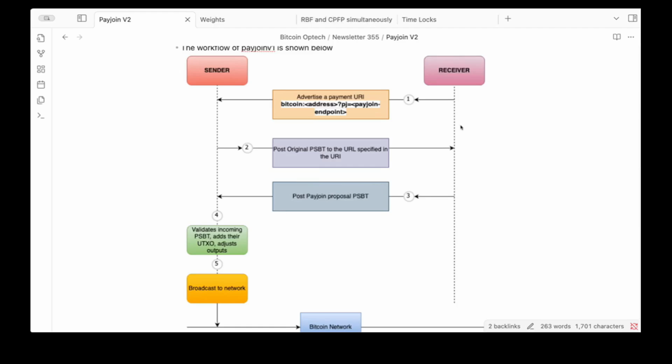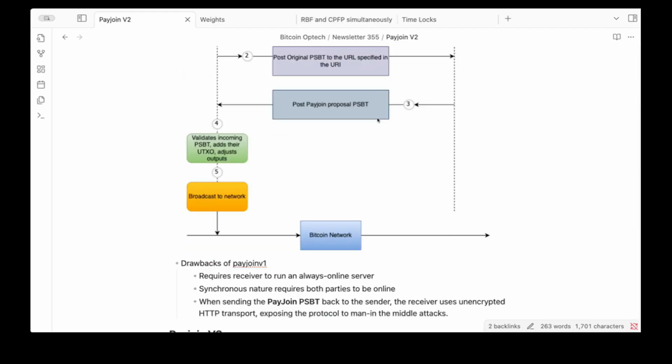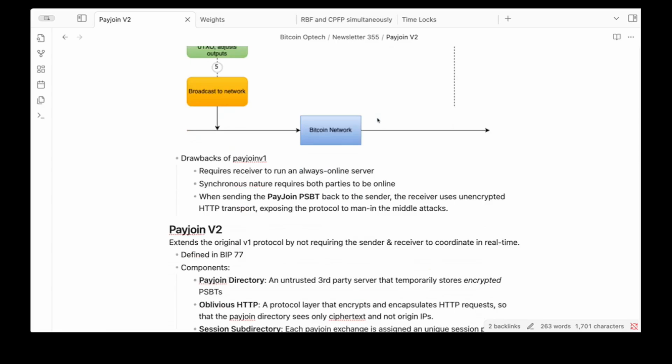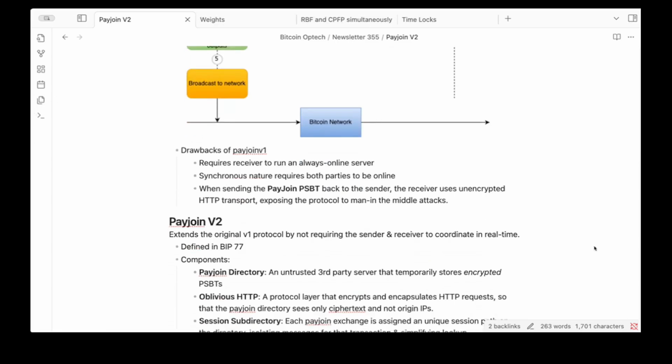This is V1. The problem with this PayJoin V1 transaction is that it requires the receiver to always have a server online so that he can advertise or announce his address and his server details. And it has to be synchronous.